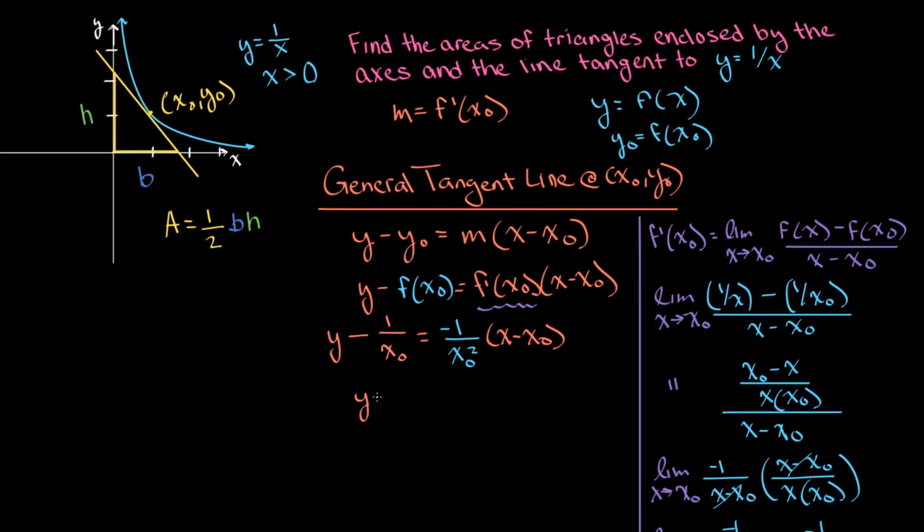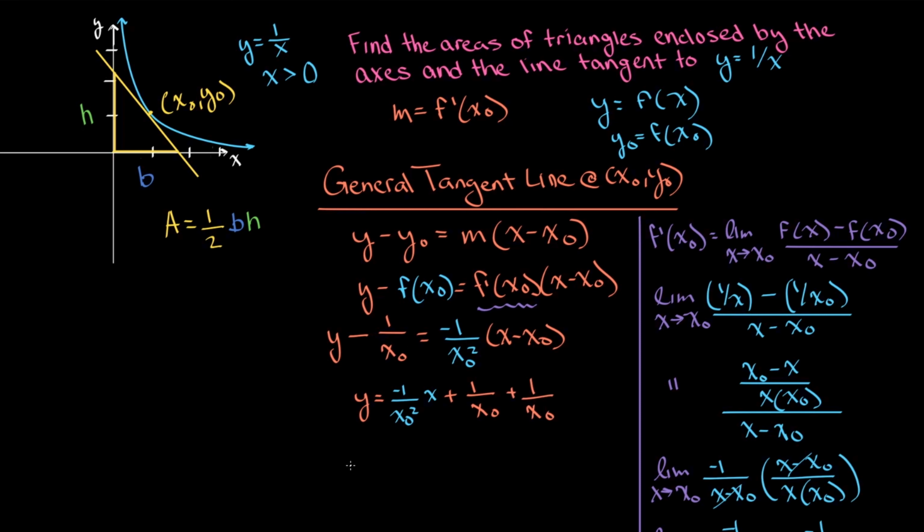We have y is equal to, on this right-hand side, -1 over x naught squared times x. And then these will become positive, so we have plus 1 over x naught, and then adding this 1 over x naught to this side.